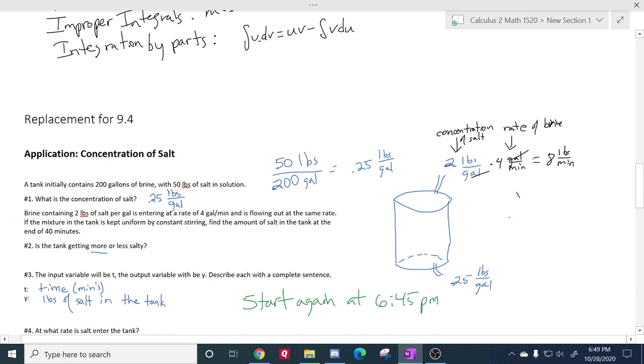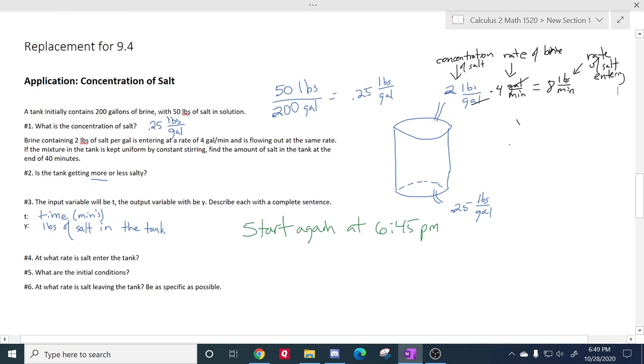It's 8 pounds of salt, rate of salt entering. So 2 pounds per gallon times 4 gallons per minute equals 8 pounds per minute.